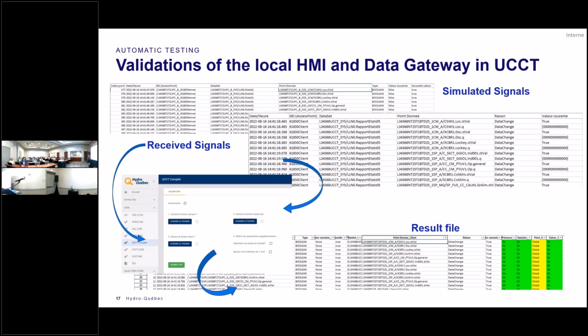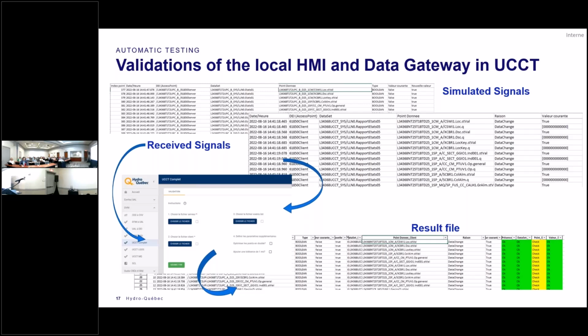So it was the more thorough validation that automatic testing allows us to do instead of the manual one. We usually just check the value of the signals, but not all those attributes. And all that validation was done in a couple of minutes for multiple thousand signals, so it was much more efficient.